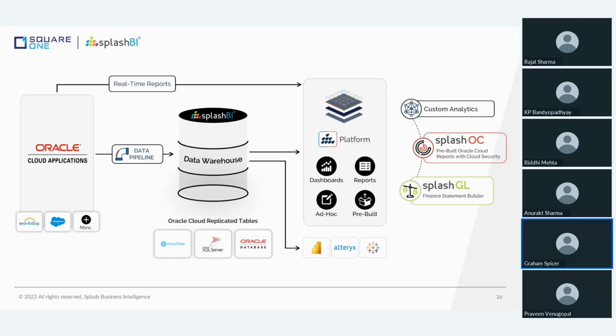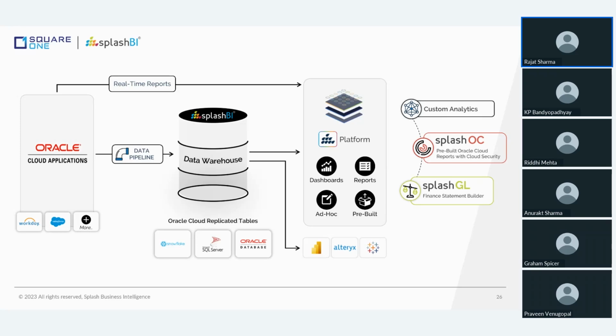Okay, and a second question. What about incremental data loads, or do you have to download all of the data every time you want to do it? So Splash OC's algorithm is written in a way wherein it will understand what incremental changes you have made in your pod.